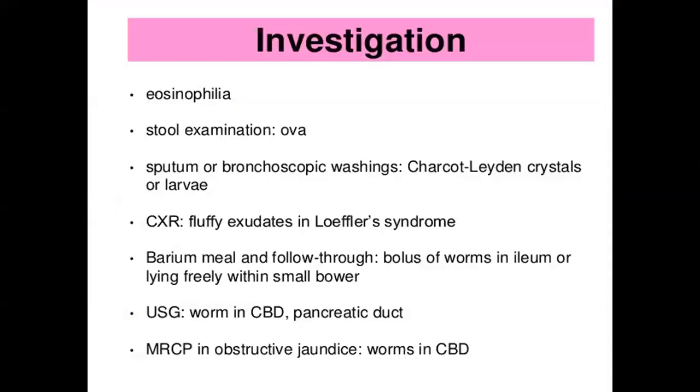What is the investigation? We usually get eosinophilia. Stool examination presents with ova, can be sputum or bronchoscopic washing, Charcot-Leyden crystals or larvae, pulmonary exudates in Loeffler syndrome, barium meal and follow through, bolus of worms in the ileum, or lying freely within the small bowel.